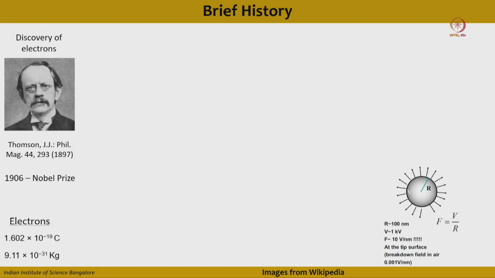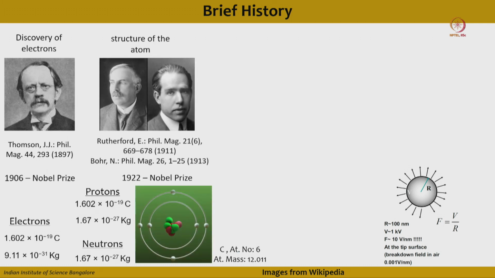As we know, Professor J.J. Thomson in 1897 discovered electrons, and they have a certain charge and also a mass. Later, Professor Rutherford and his colleague Bohr both found the structure of the atom.